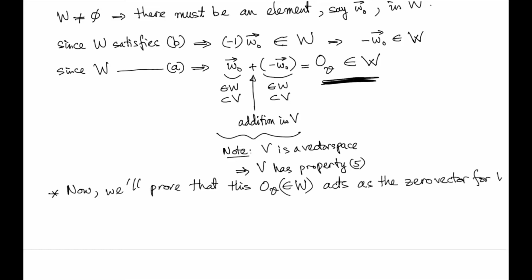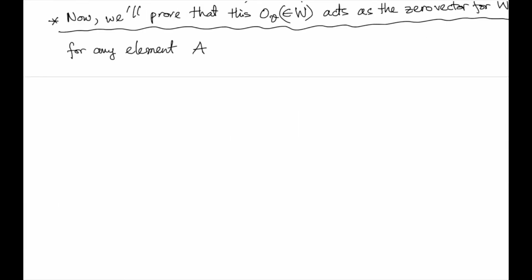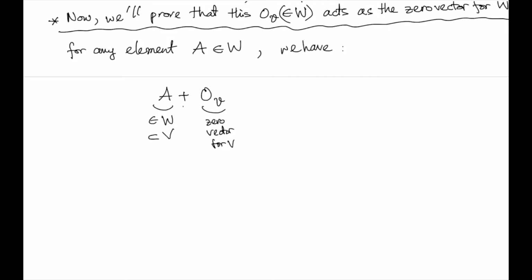for W. For any element A in W, we have this A is in W, and W is a subset of the bigger thing that is V. This is the zero vector for V, and this is the addition that is the same as the addition in V, so it's actually the addition in V. Right?